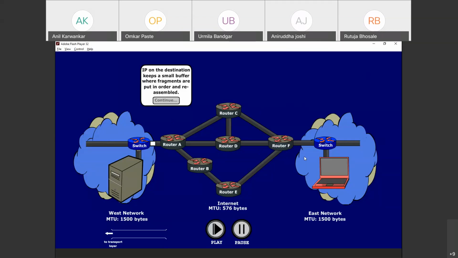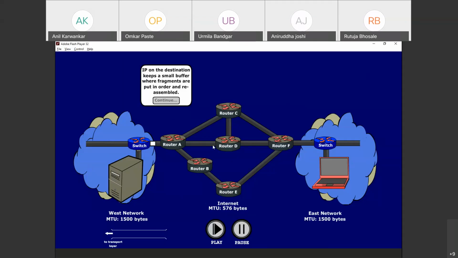So the cost of communication for the packet propagating from the switch of the red laptop will be from F to C it's 1, from C to A it's 2. So the total weightage will be 3. If router F to router D has a weightage of 1 and router D to router A has a weightage of 1, then the weightage for the packet to be propagated from the red switch to the west network switch will be only 1 plus 1, that is 2.